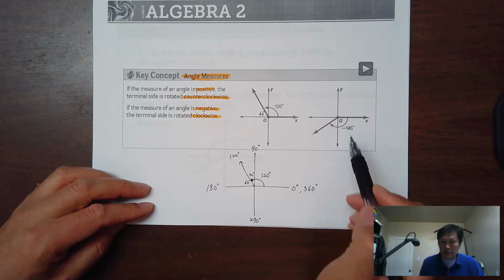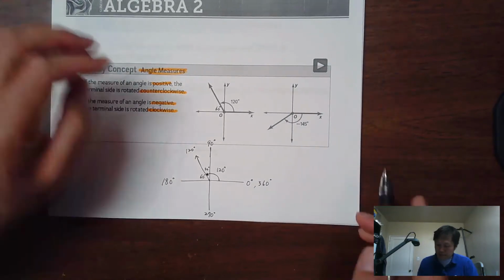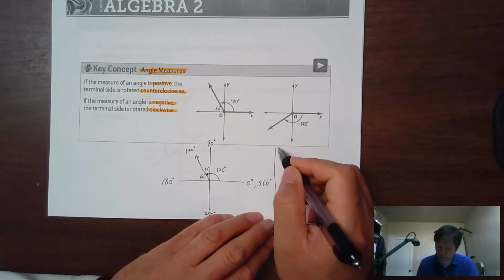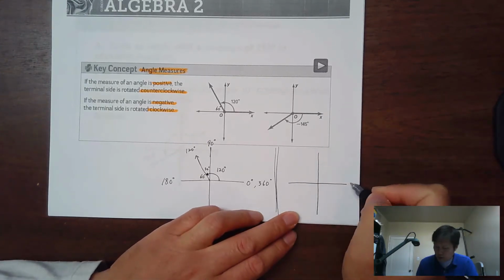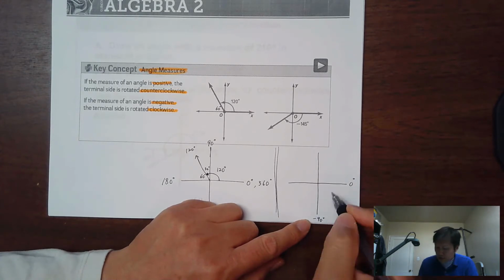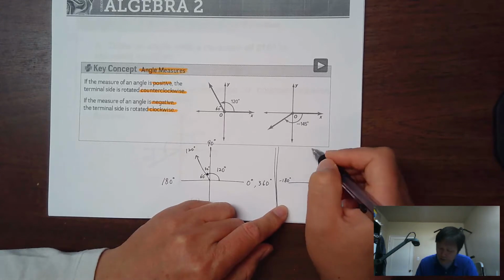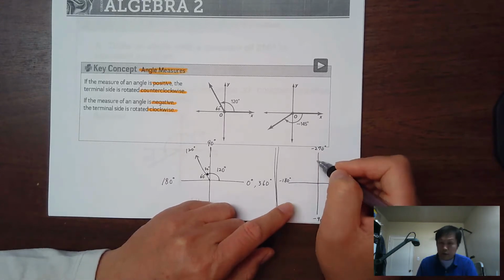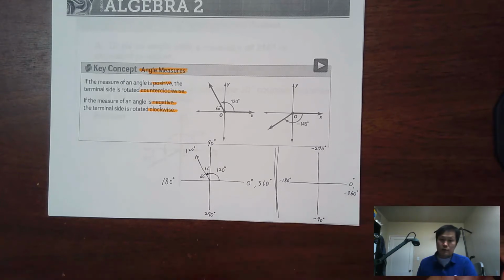Clockwise, minus 145 degrees. So 0 degrees here. Clockwise, that should be minus 90 degrees. Clockwise, that should be minus 180 degrees. That should be minus 270 degrees. If you go all around here, that will also make minus 360 degrees.